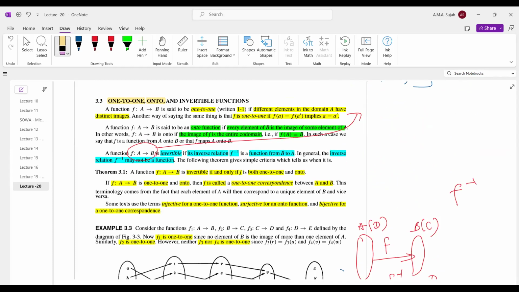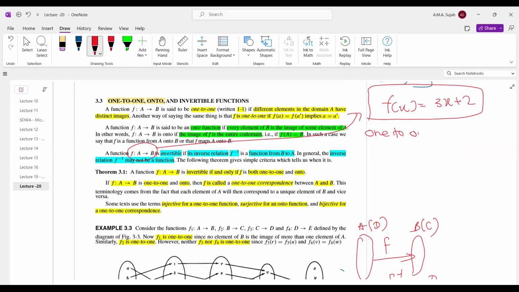Just think about f of x is equal to 3x plus 2. Just assume this function is a one-to-one and onto function.